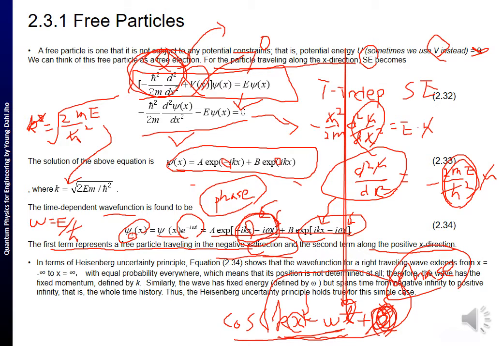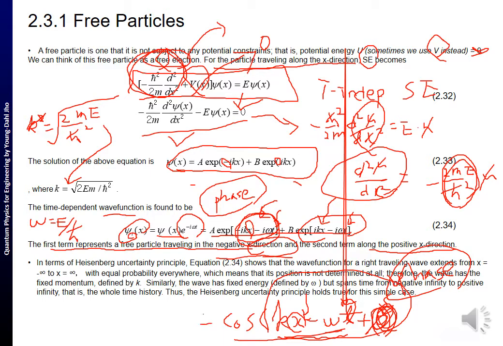We consider this phase very important in quantum mechanics because we need to care about wave properties, and wave properties depend on the phase, when we consider the superposition between different waves.